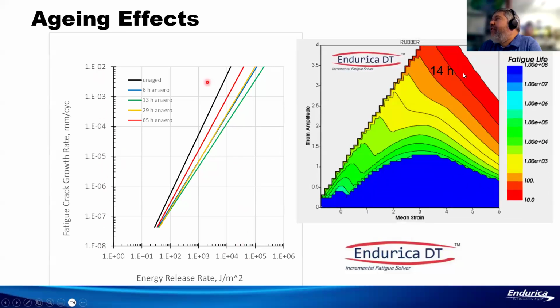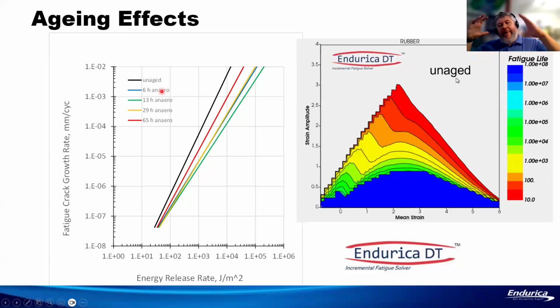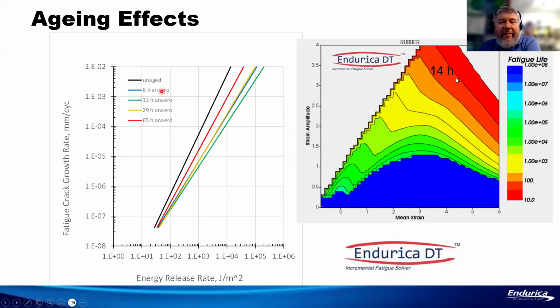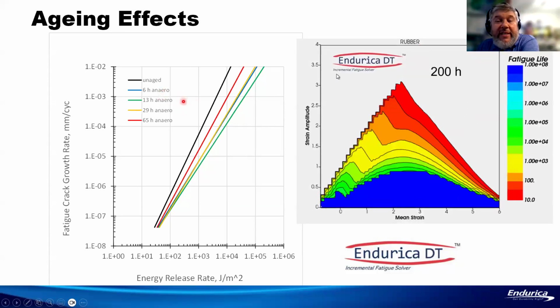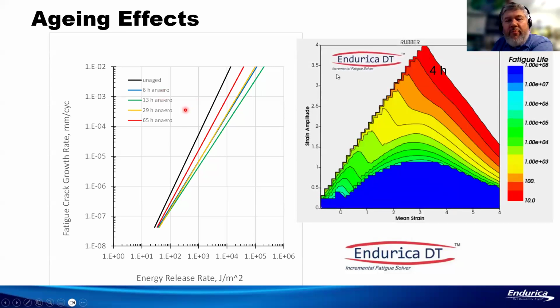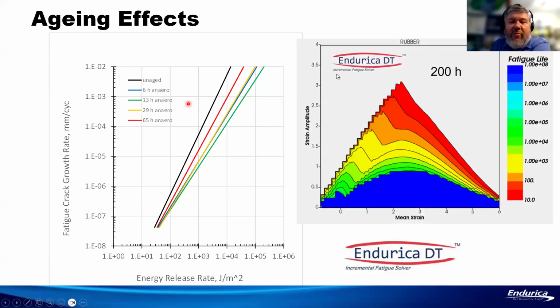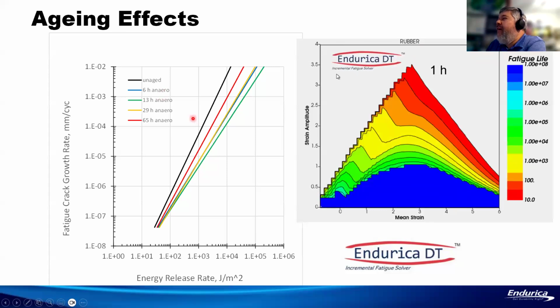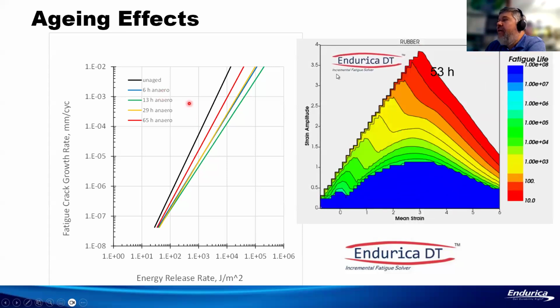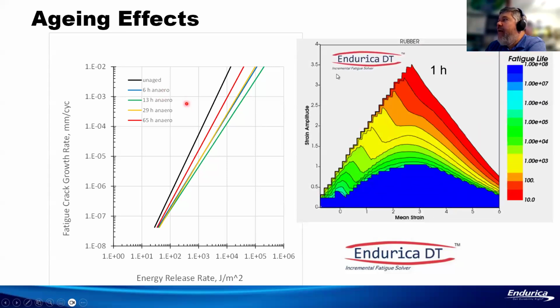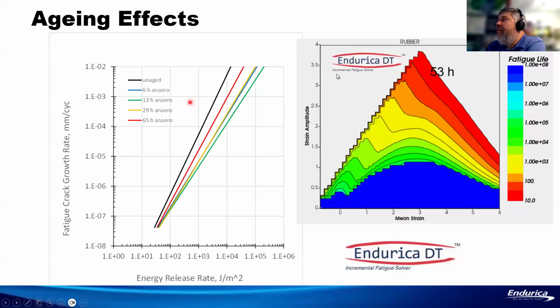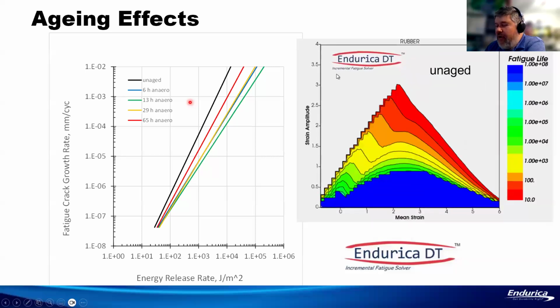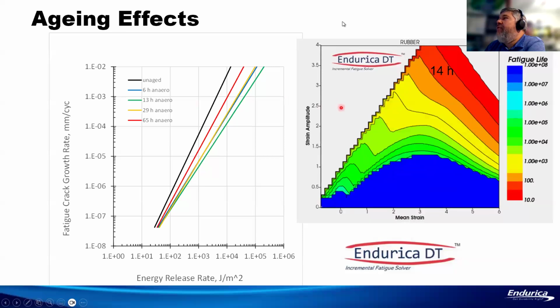As the material ages, the envelope of allowable strains decreases because the material becomes more brittle and more susceptible to fatigue cracking. And so Endurica does offer an aging model that you can include as part of your simulation.